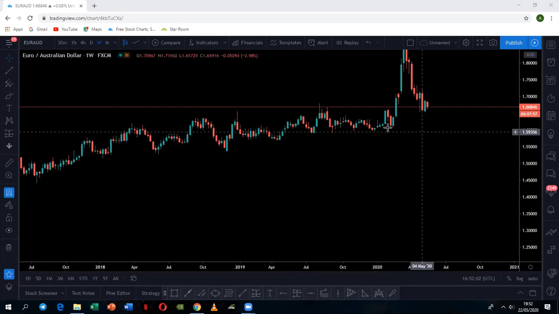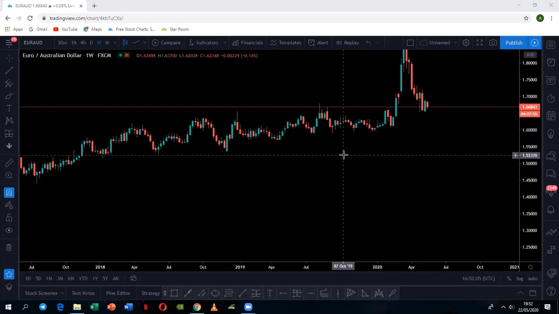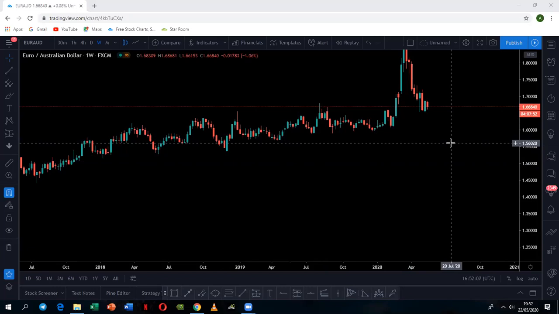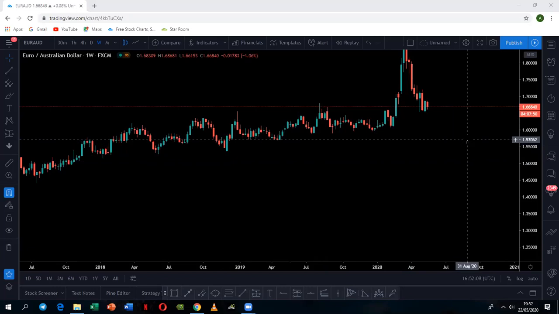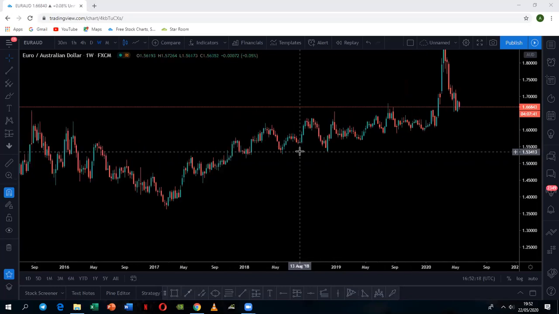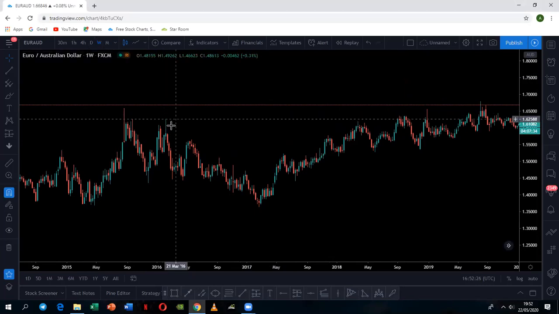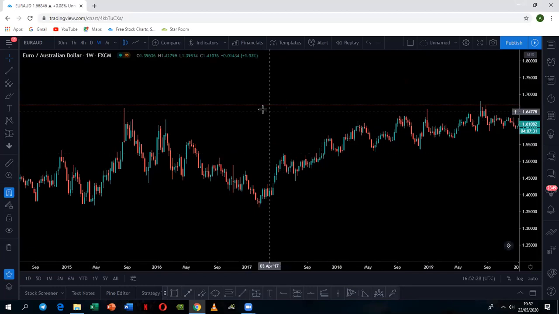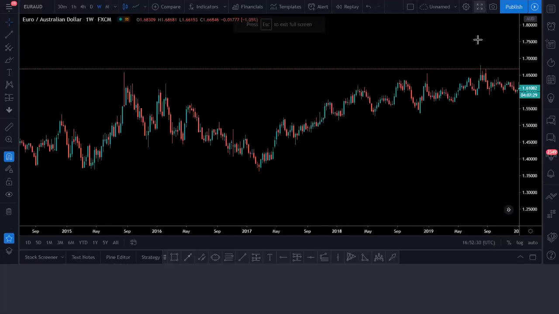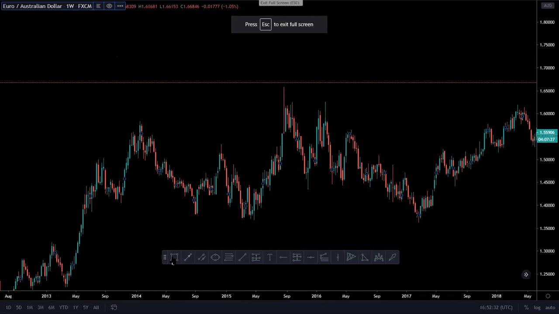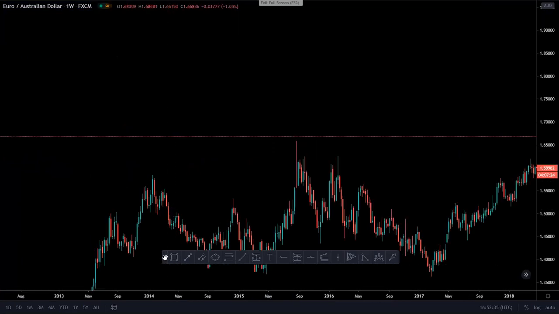The benefit of swing trading is that you get an outstanding number of pips as compared to a day trader, for those who have good patience. The bigger the time frame, I always tell you, the more pips you get. Let's zoom in and try to point out some patterns.